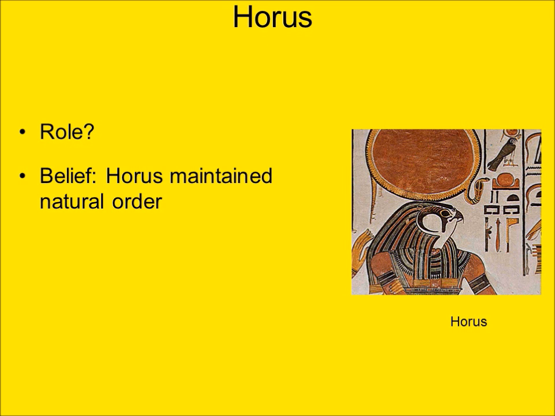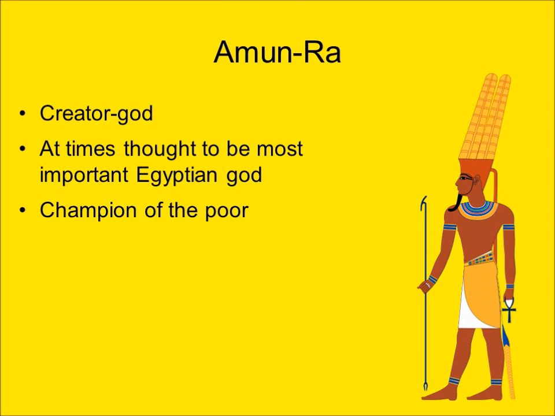Another important Egyptian god, Horus, the god of balance, the god of harmony, controlled the flow of the Nile and the fertility of the soil. In life, it was believed that Pharaoh was Horus. Amun-Ra is another important god, although at different times lesser and at different times greater in importance.